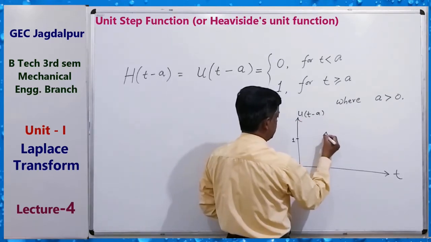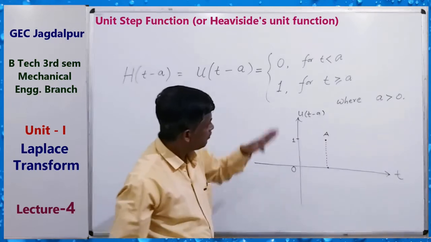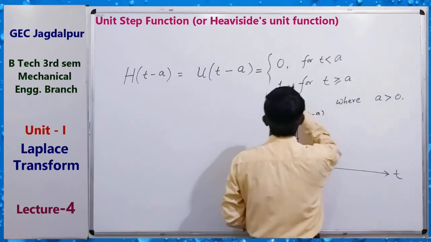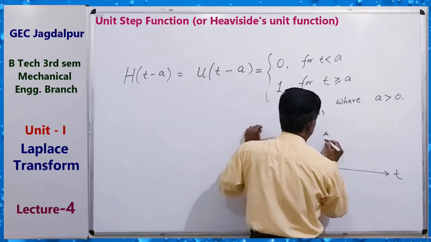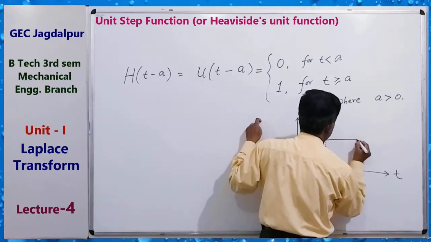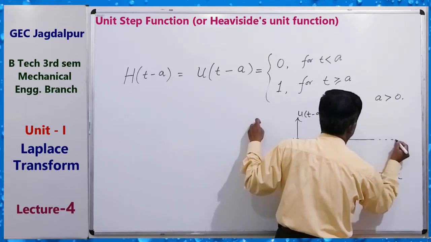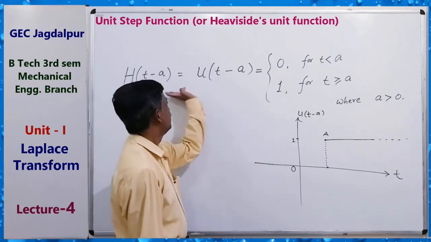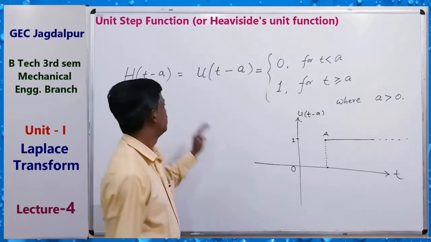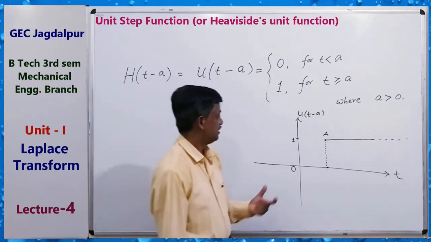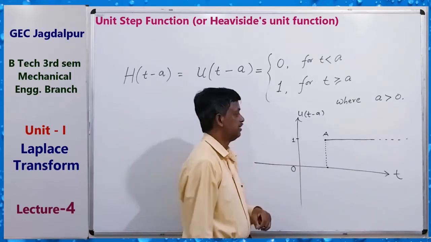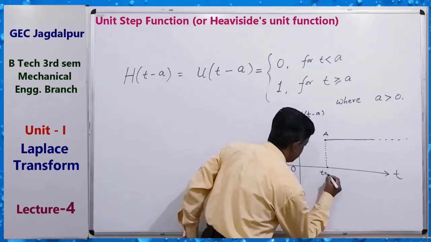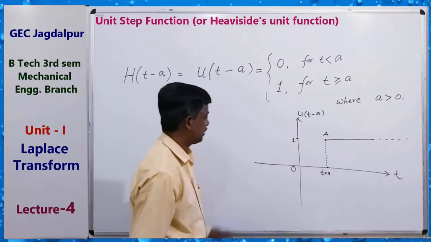If t is greater than or equal to a, that is in this part, the value of the function is always 1. So this is a straight line of infinite length. This is the graph of the unit step function or Heaviside function. Clear? Here t equals a.